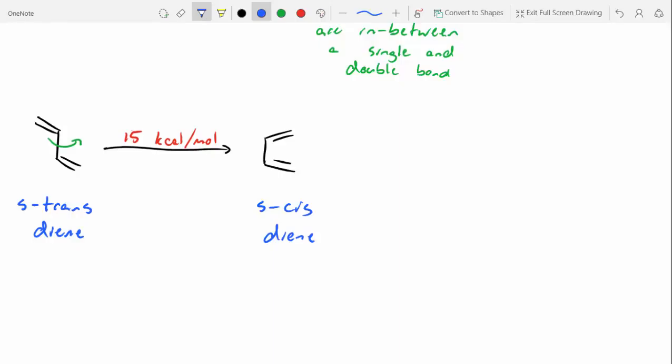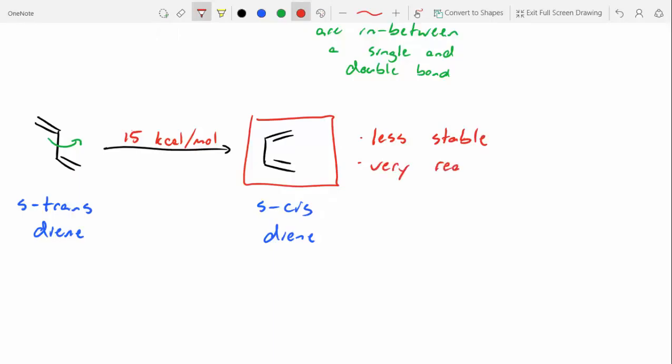So the one on the right we call s-cis for single bond cis, meaning that the substituents are coming off in the same direction. These are hugely important in organic chemistry. These are less stable and very reactive. We're going to study a whole bunch of reactions that involve this s-cis diene conformation, but I wanted to introduce it before we got to that point.